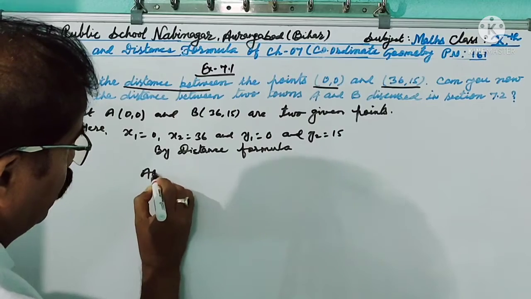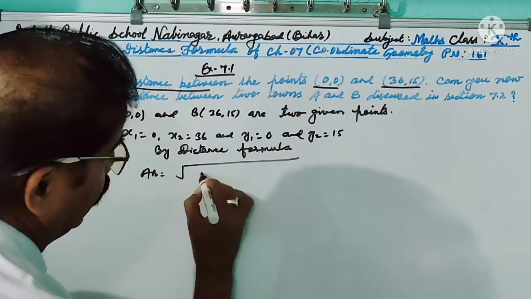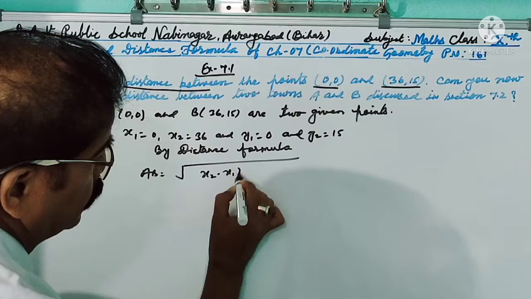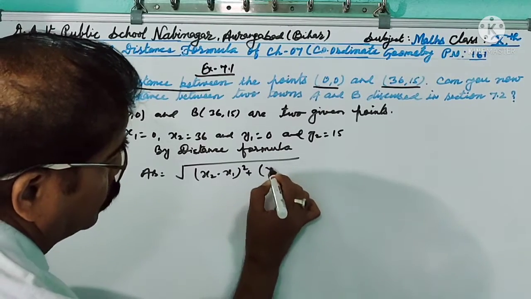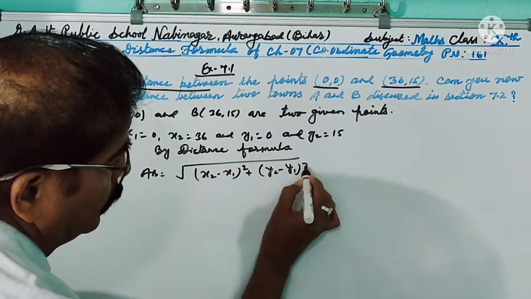AB equals the square root of (x2 minus x1) square plus (y2 minus y1) square.